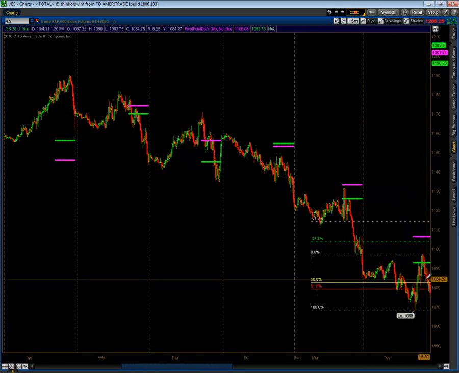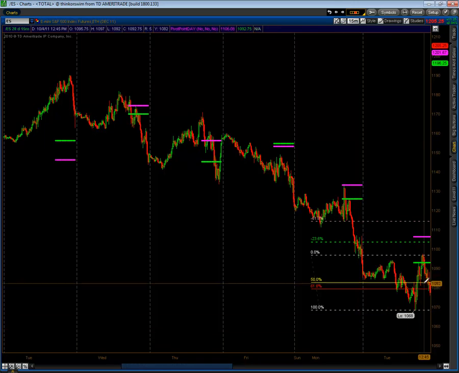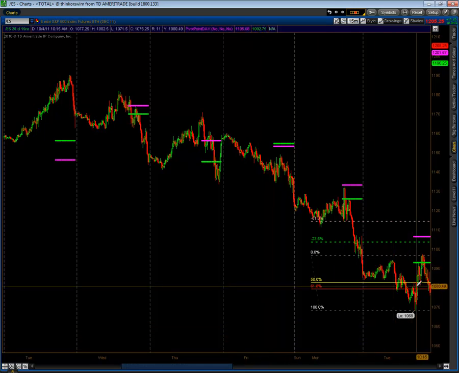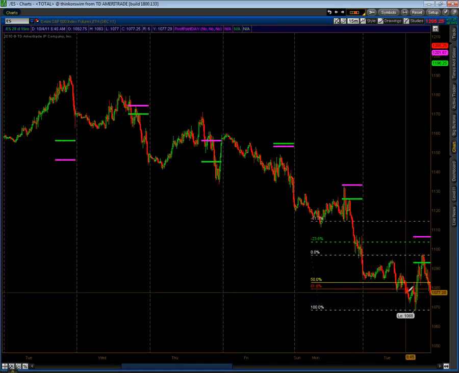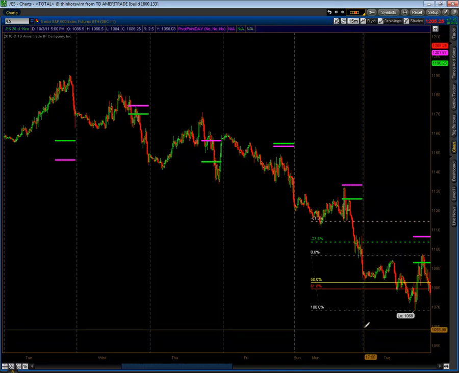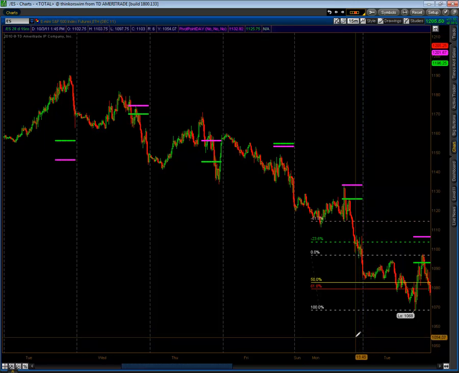Now, looking at these little candles here, it looks like we may have gotten a free trade and then gotten taken out. In any event, failing this first fib after a trend failure does not necessarily negate the trend failure at all.